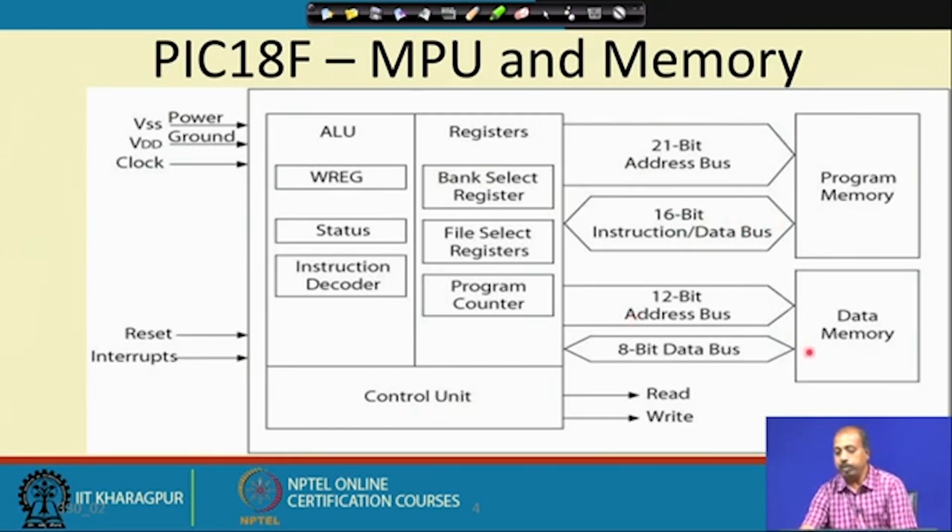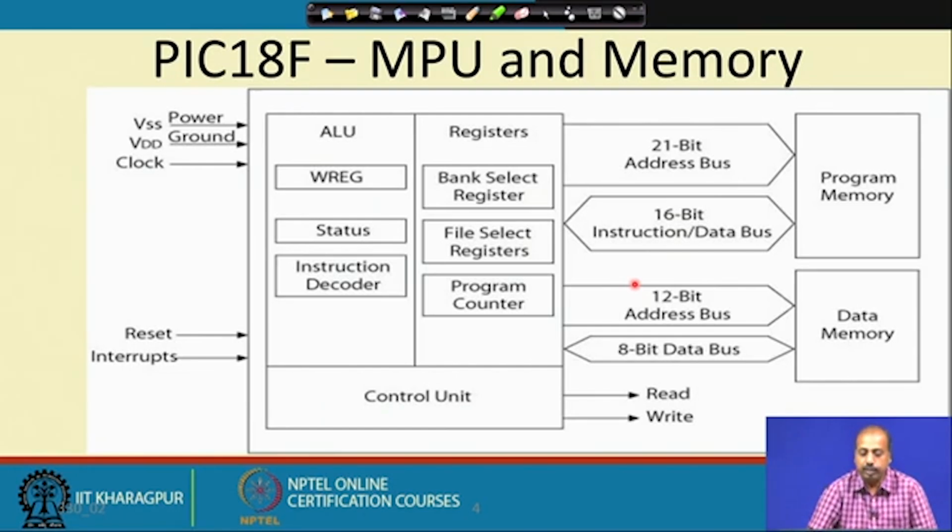For the data memory part, we have a 12 bit address bus and an 8 bit data bus. With a 12 bit address bus, you get 4 kilobytes of data memory, and every data location is 8 bit. The program bus and data bus are separate, and the address bus for program memory and address bus for data memory are also separate.